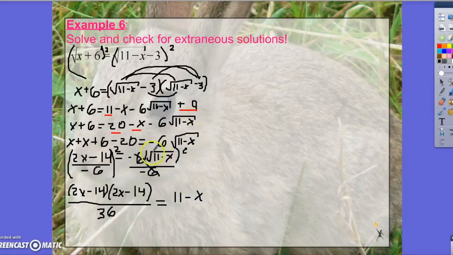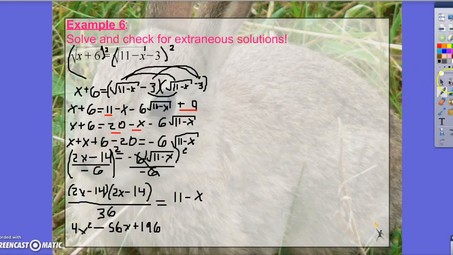Because we squared the square root. FOIL the top, so I FOILed the top.